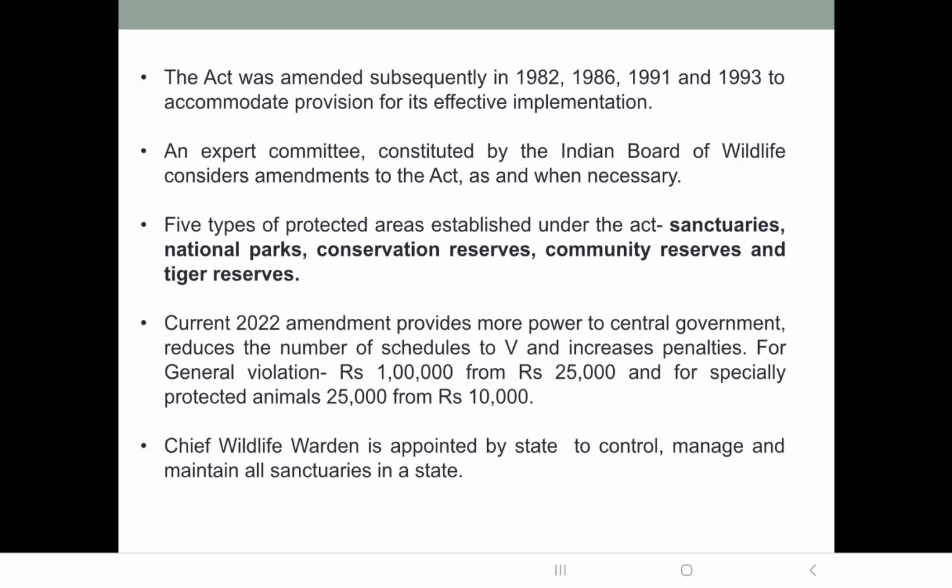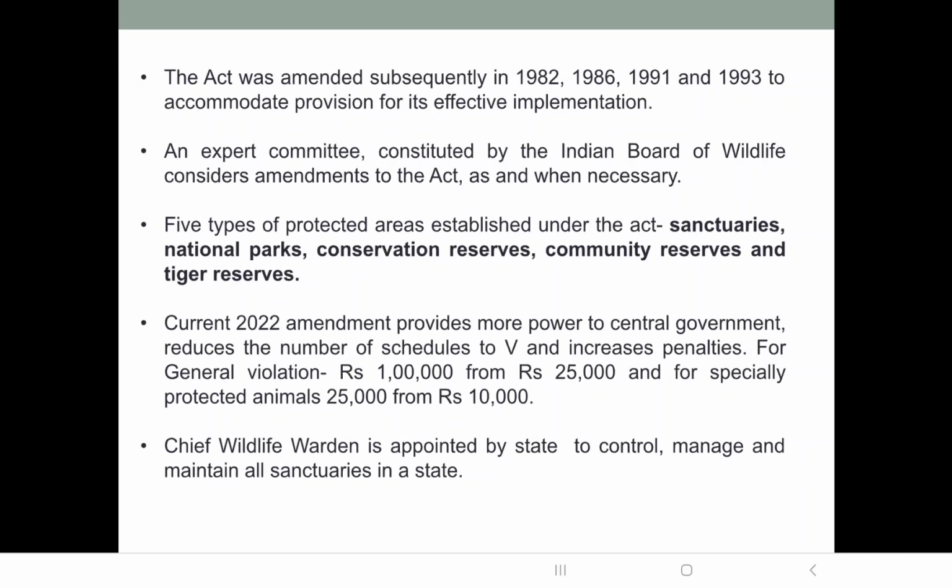Then it was amended in 1982, 86, 91, 93, and now also the Rajya Sabha has passed the recent amendment. We have also discussed the various protected areas established under this act. Sanctuaries, national parks, conservation reserves, community reserves and tiger reserves. All of these we have discussed in detail.